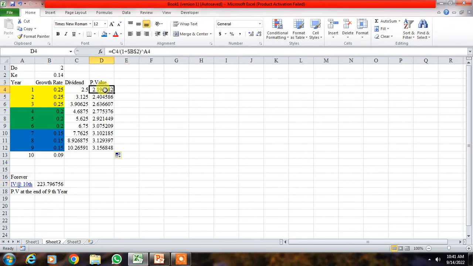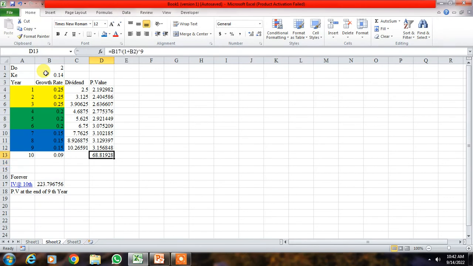So we have discounted this present value to the today period, and similarly we find the present value of D2 at today period. So this is the present value at the end of the ninth year, and we are also going to discount this cash flow till today. So this is the end of the ninth year, that's why I'm putting the value 9 here.